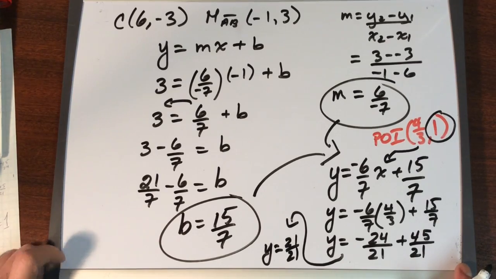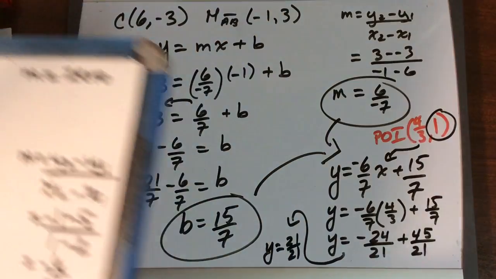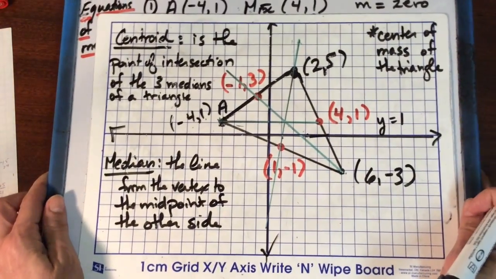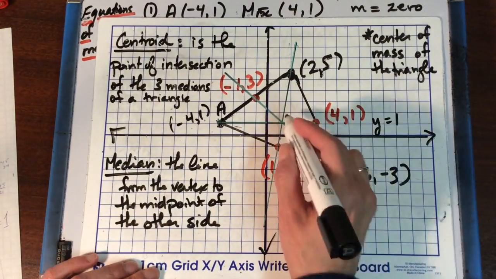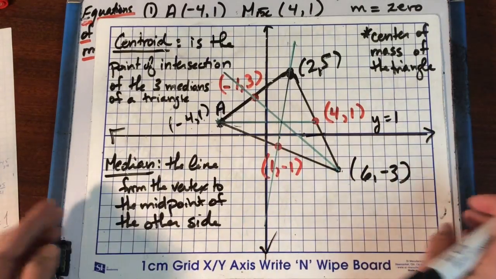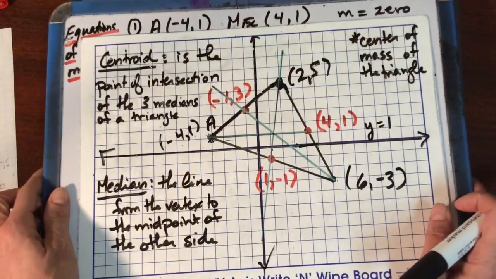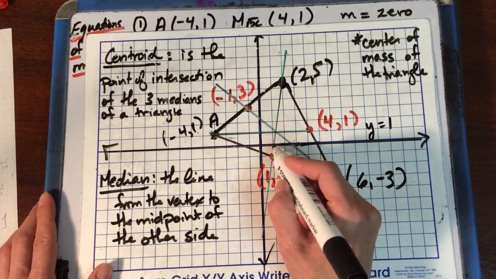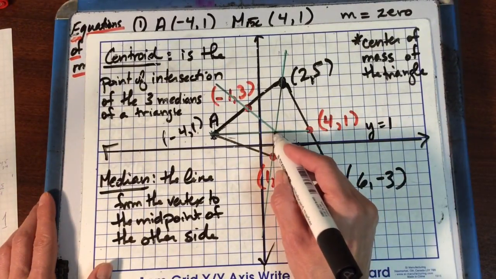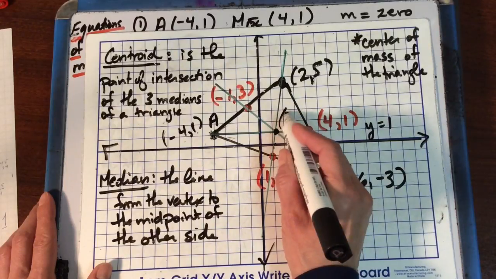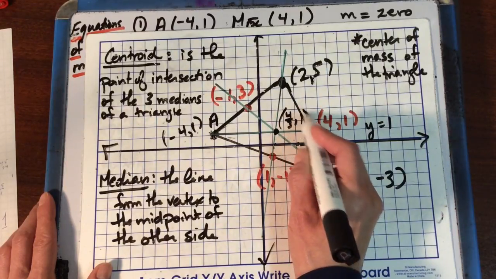Now, I did tell you there was a little trick in doing this, and I'm going to show you that right now. You're going to like this trick because it doesn't require a lot of work. Basically, to get this point, first let's see if that works. The point is 4 over 3 and 1. Let's look at this. 4 over 3 is 1.3, so I would say that's about here, and 1. So that looks very good.